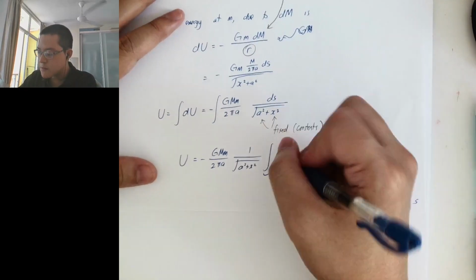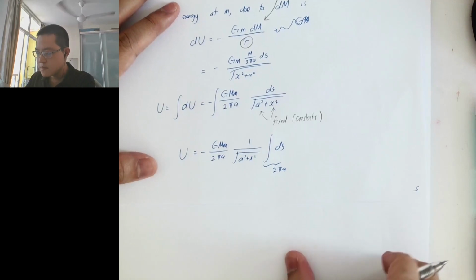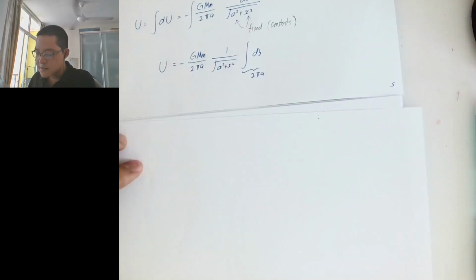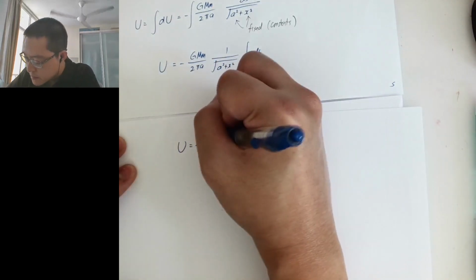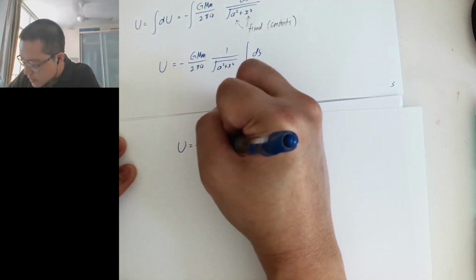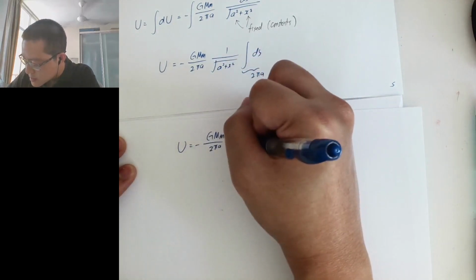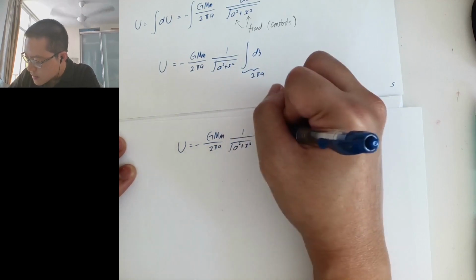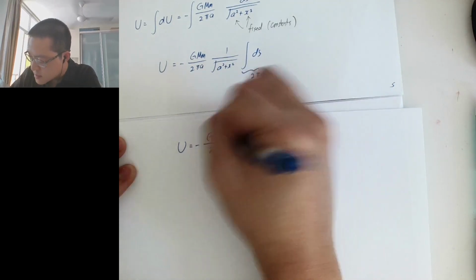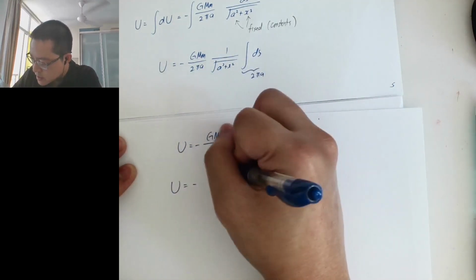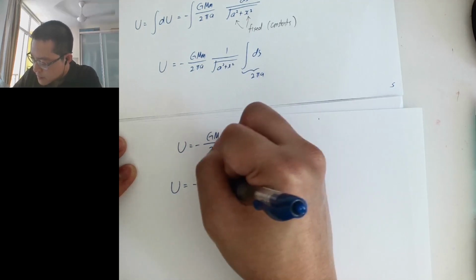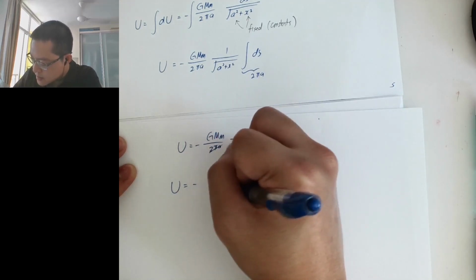So this part will again give me 2 pi a. So finally, I will cancel this 2 pi a. So I got G m over 2 pi a, 1 over square root of a squared plus x squared, and then 2 pi a. So it will cancel. So my expression now is G m over square root of a squared plus x squared.